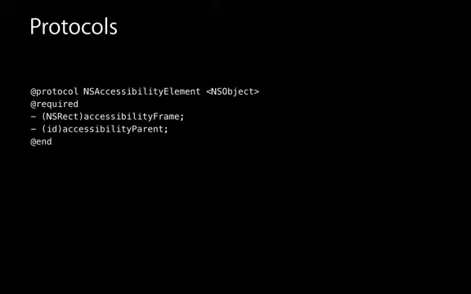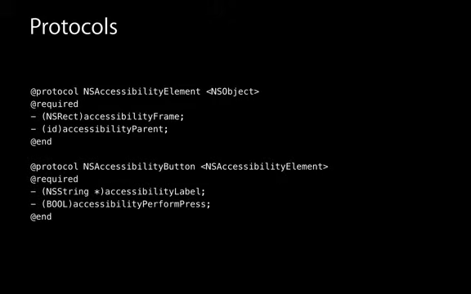And then you build on top of that, we have all the other protocols, like the button protocol I just talked about, which has two required methods, the accessibility label and the accessibility perform press. And as you saw earlier, Xcode compiler already warned us about those methods. So that's just how easy it is to implement a custom view. By the way, the protocols are optional, so you don't have to implement if you don't want to, but it's really, really handy.